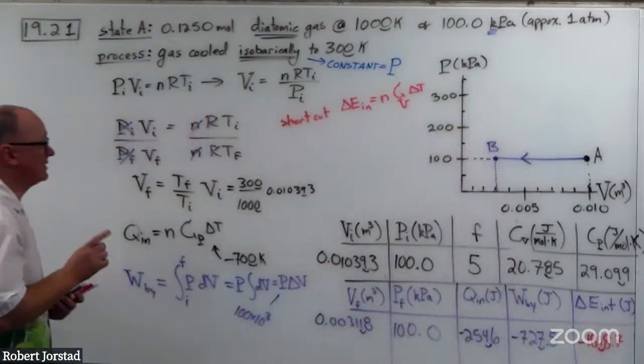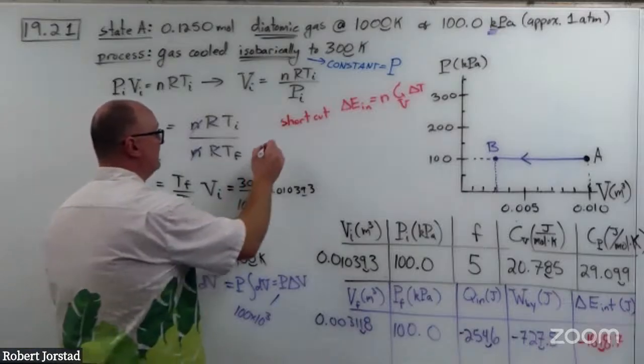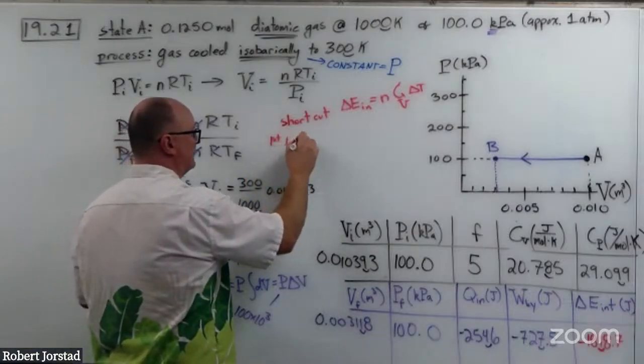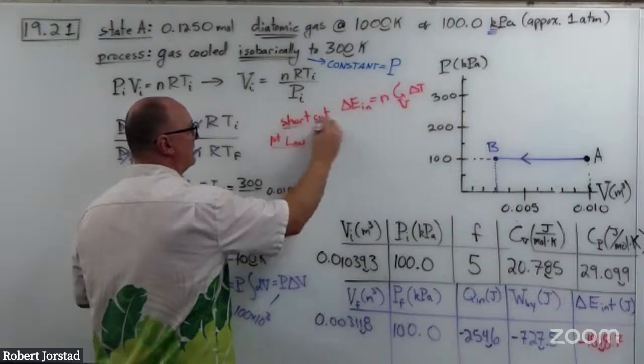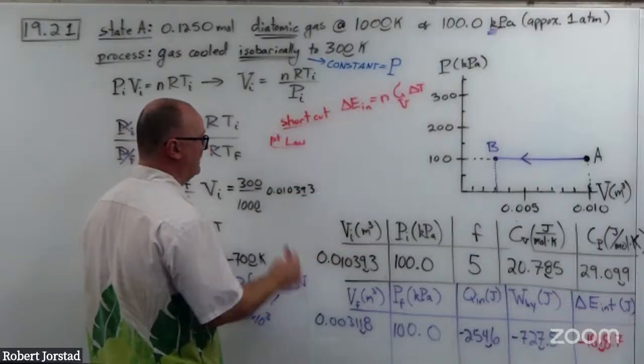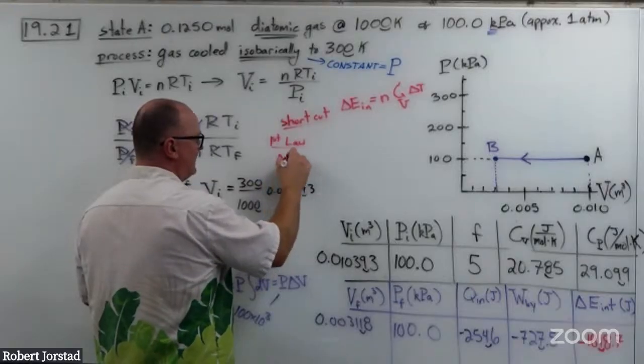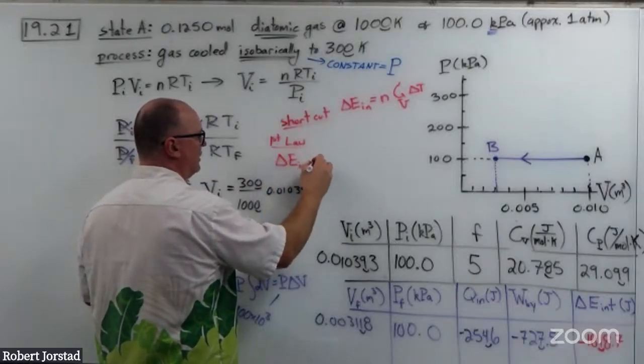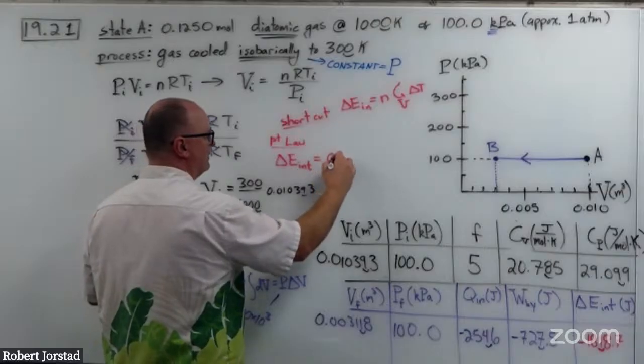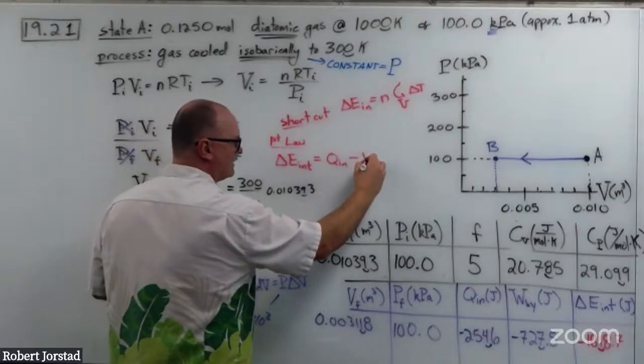Now, we could check first law. Either one of these methods is great. Shortcut, that wasn't too bad. First law, here's how we could use the first law. Delta E internal should equal Q in minus work by.